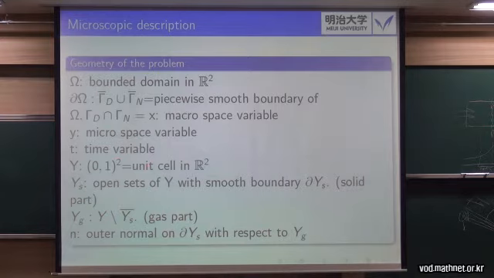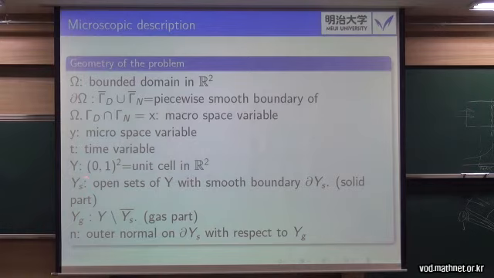cell. Then Y_s, as I said before, is an open set of this basic unit cell with smooth boundary represented by this. So we simply call this part the solid part of the problem.